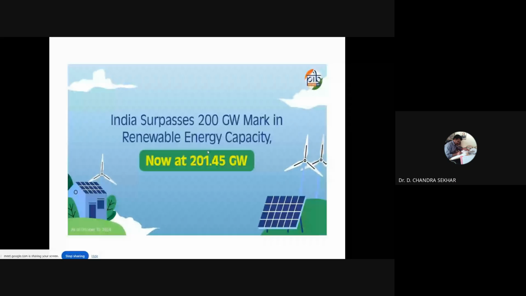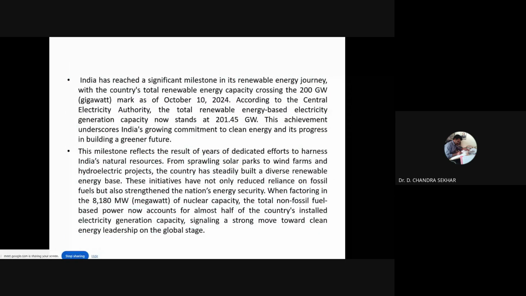Now, it is recent data collected from the Power Grid Corporation of India with the help of the internet only. So, as of October 10th, the renewable energy generation in India is 201.45 gigawatts. India has reached a significant milestone in its renewable energy journey, with the country's total renewable energy capacity crossing the 200 gigawatts mark as of October 10, 2024.